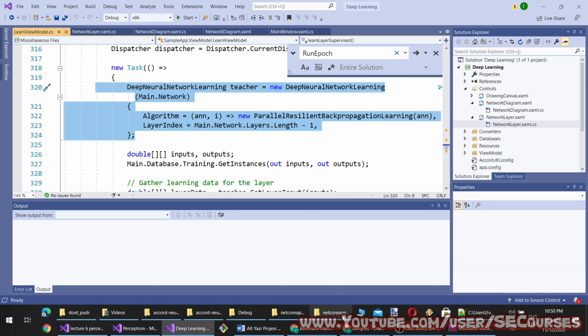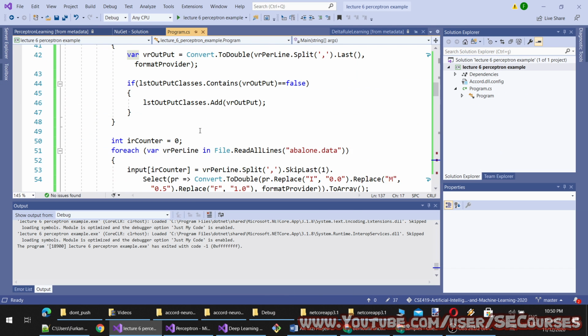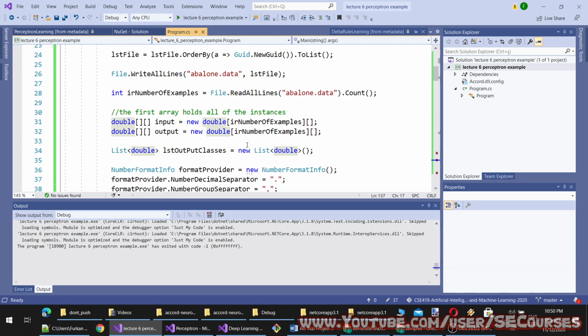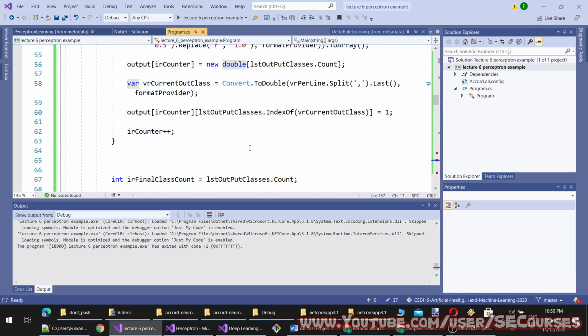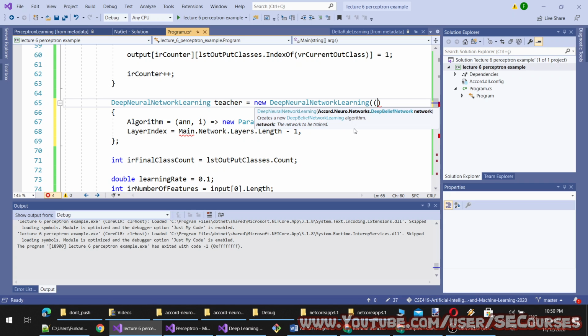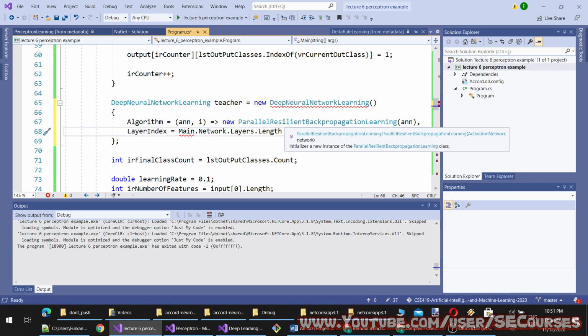I will try this. Let's see if we can make it work for the multi-layer. Okay, this is the algorithm and layer index.